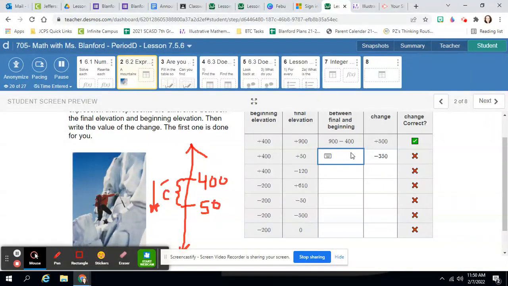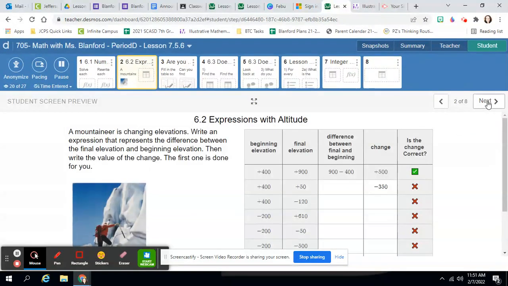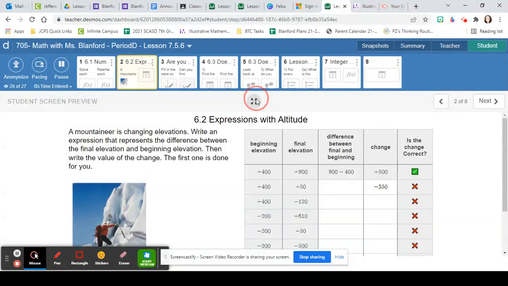And actually, just like in our warm-up page here, if we want to find out what we're adding to our starting amount to get a final amount, we end up taking the final and subtracting out the starting amount, and that gives us a change. And we did this for all three of our warm-up questions. So let's take a look at this one again.